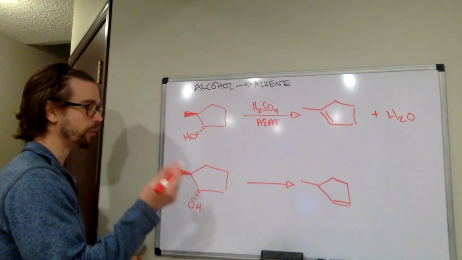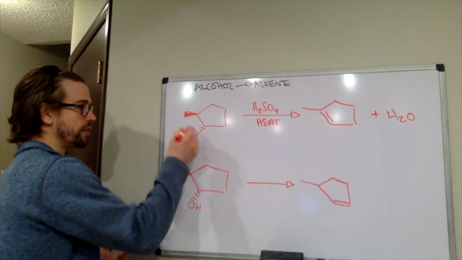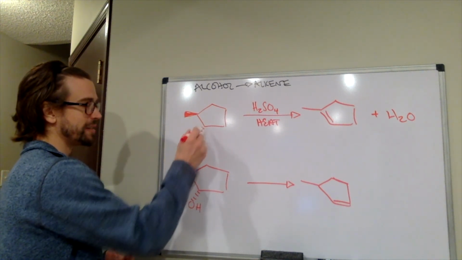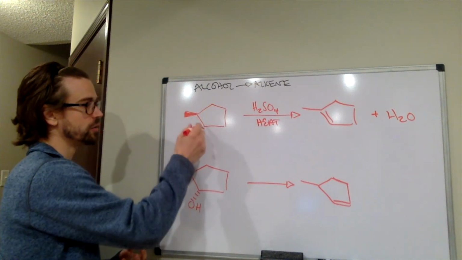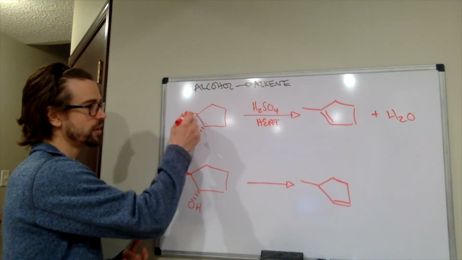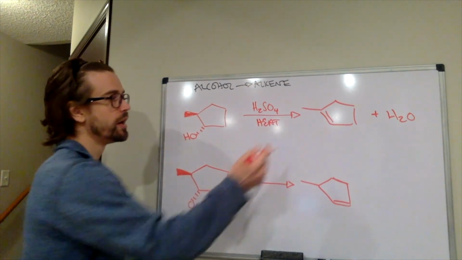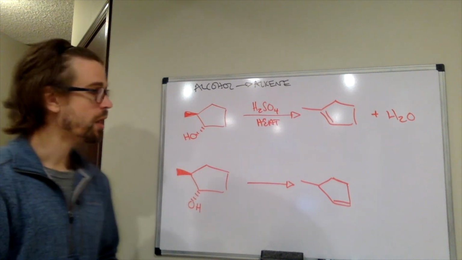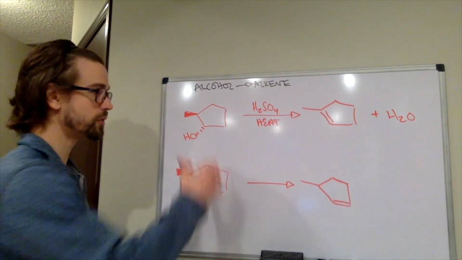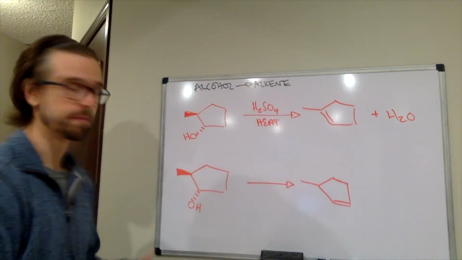And when we think about how they work, this would become a good leaving group. It would leave, it would form a secondary carbocation, and that carbocation would actually change. We would get a hydride shift to a tertiary carbocation, and then we would get the more substituted alkene there. So that's one way to do that.